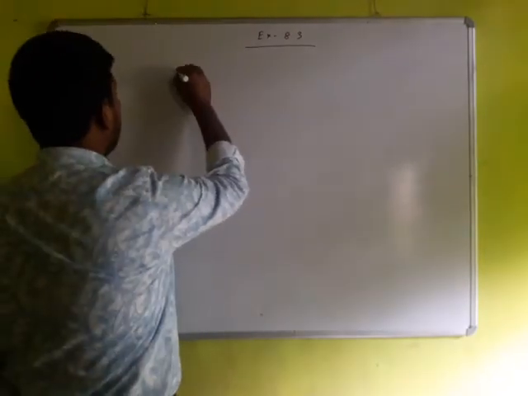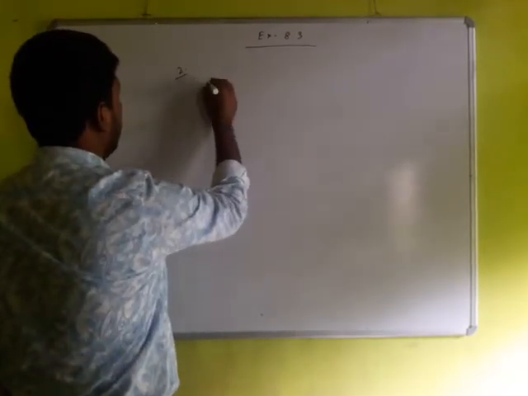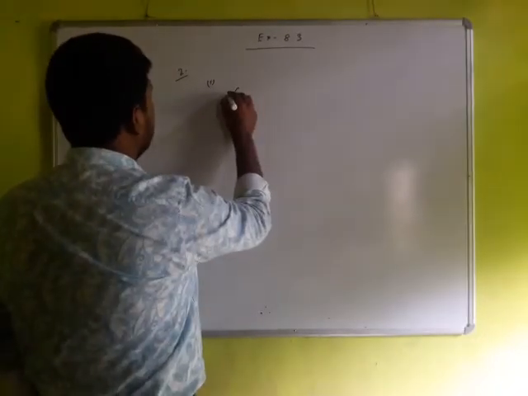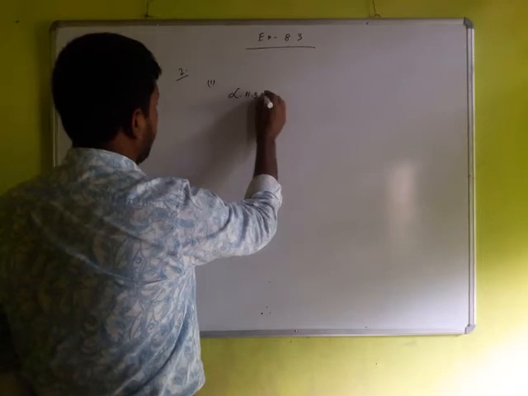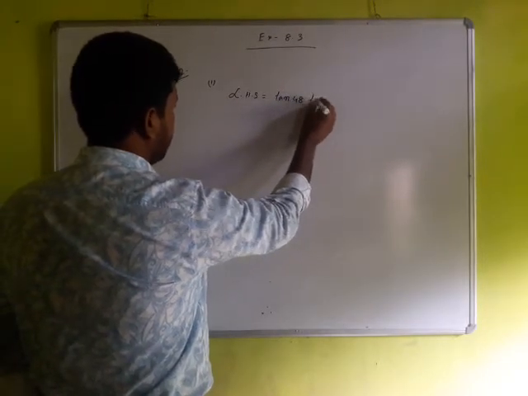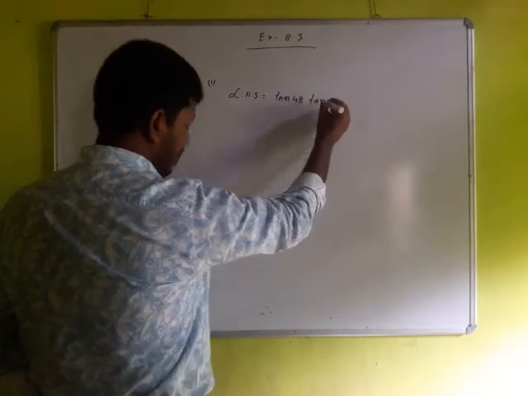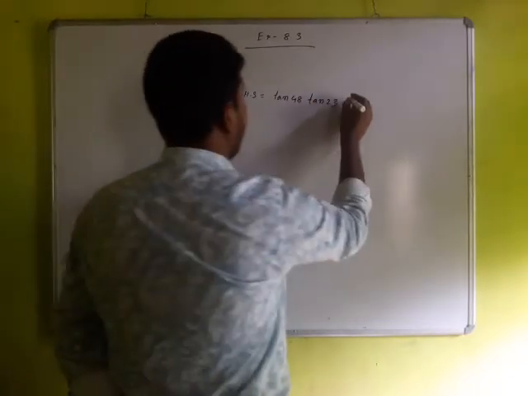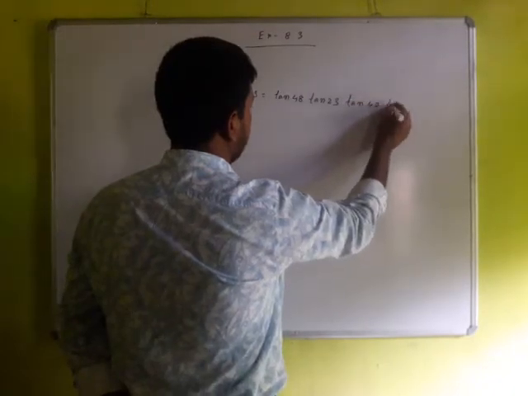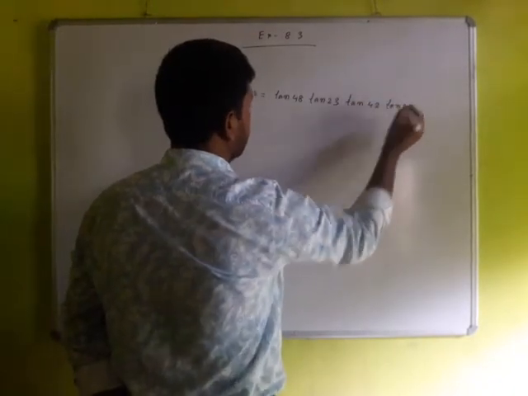First take the question 2(i). The left hand side is tan 48, tan 23, tan 42, tan 67.